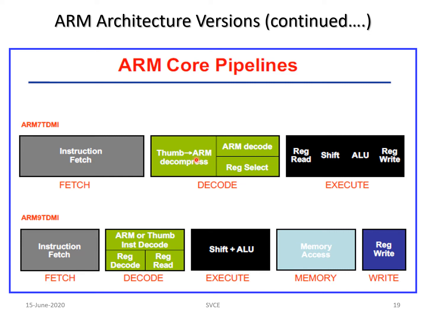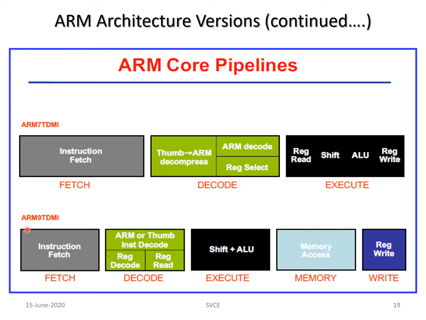So the time taken by the decode stage to decode a particular instruction will decide the time period of the clock. So the instructions that are fetched and placed into the fetch stage depend upon the time period decided by the decode stage.